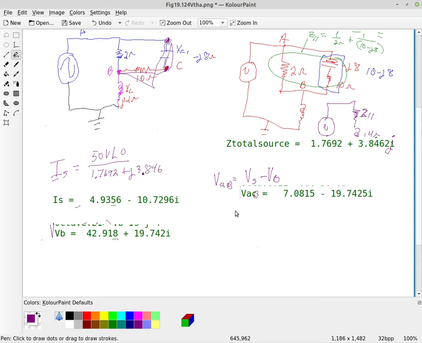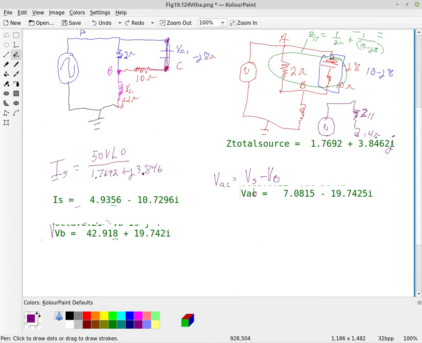I stated that wrong, because that was the voltage from here to the B value, not the C. So we still have to find the VAC, so that was the B value there. But now we know the voltage across this impedance here, this 10 ohm resistor plus the capacitor impedance. All right, so we know that now.